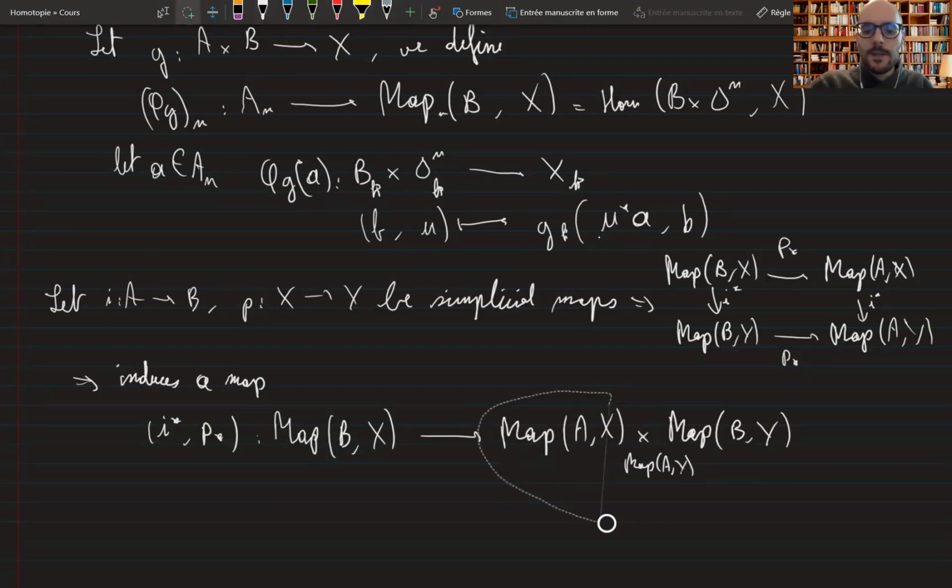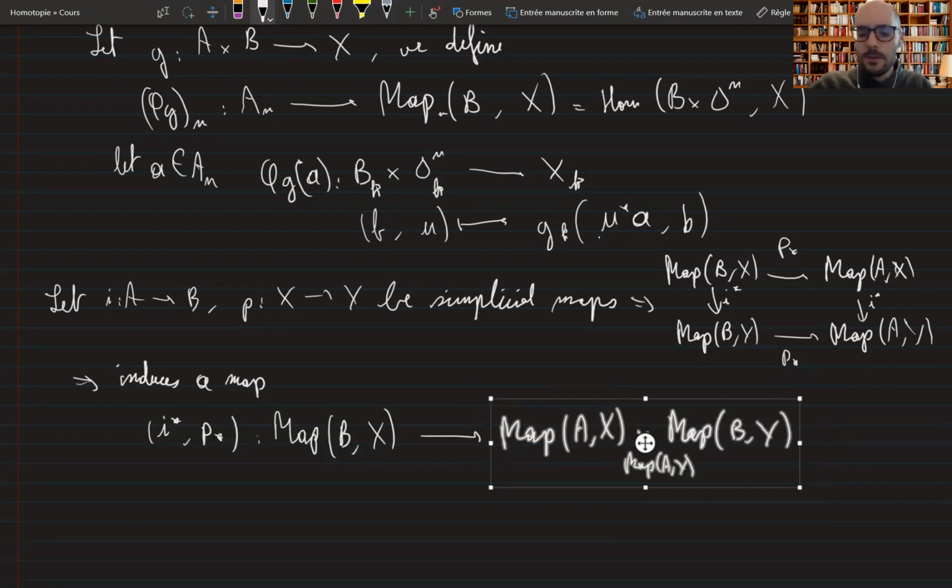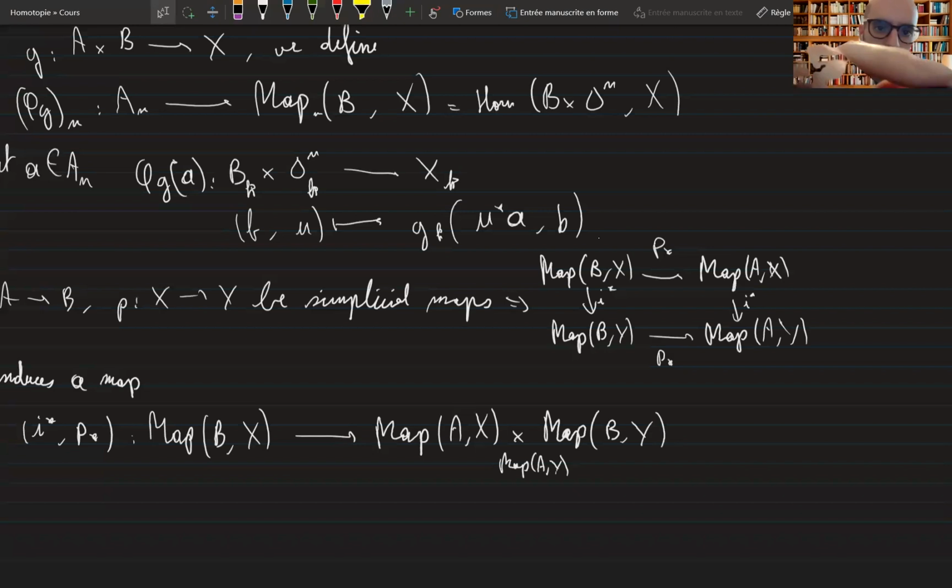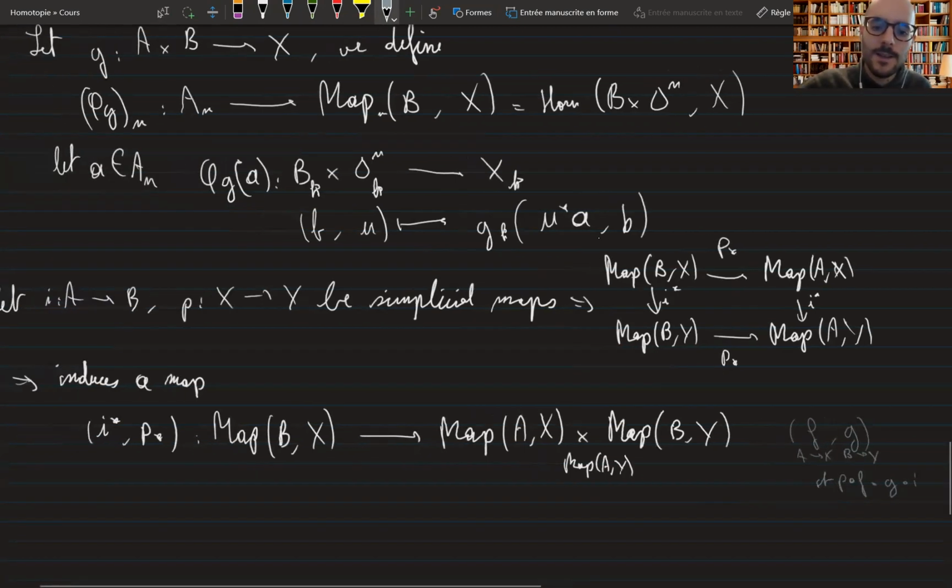So what is this space? This space is a couple, a map from A to X and a map from B to Y, such that, this is a couple F, G, such that P circle F is equal to G circle I. So essentially, it's a commutative square where P is on the left and I is on the right.